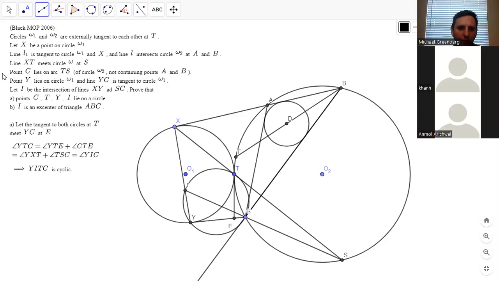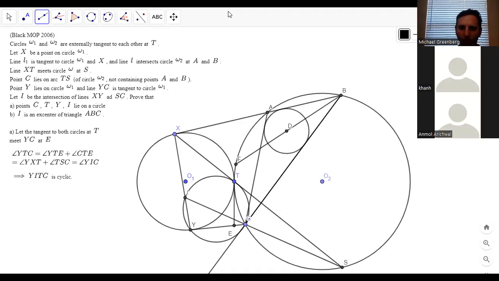Tell me one more time the two triangles that are similar. I think I'll type it out. SB squared is equal to ST times SX.